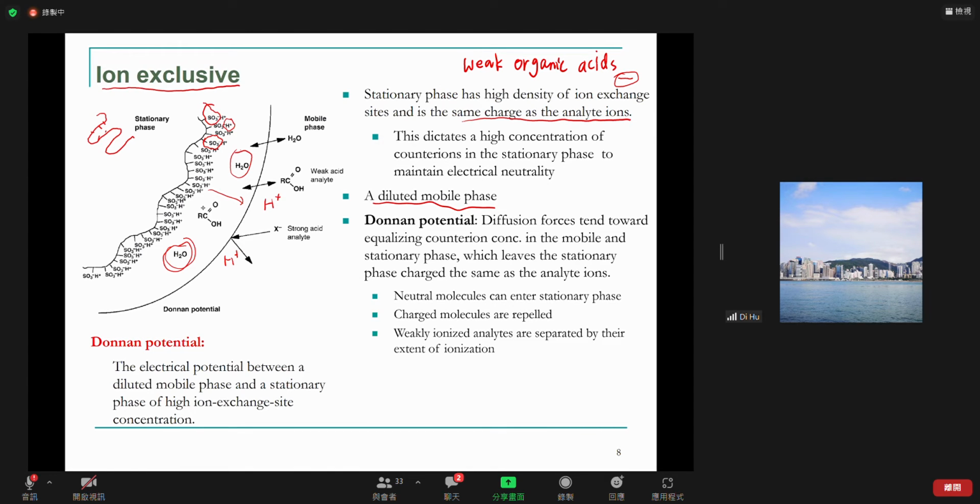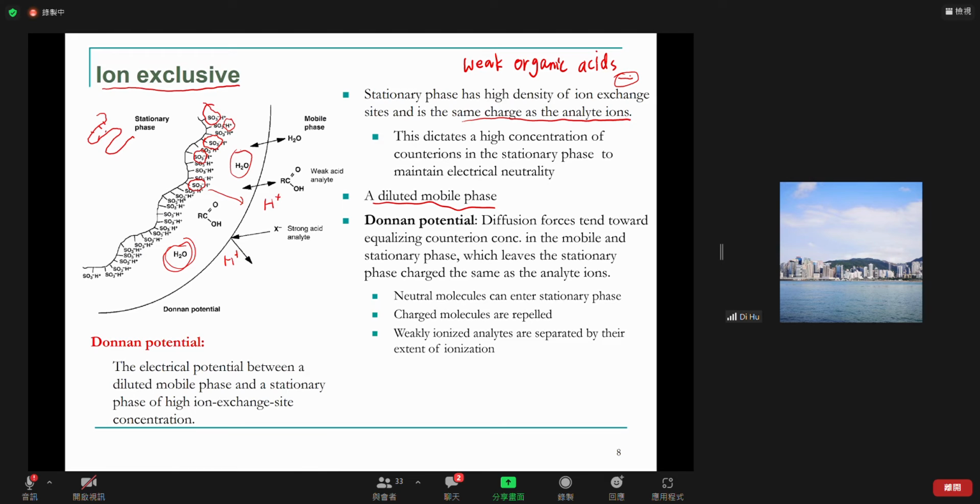When the hydronium ions leave the stationary phase, instead it becomes negatively charged. So now the stationary phase is negatively charged, which has the same charge as this weak organic acid.